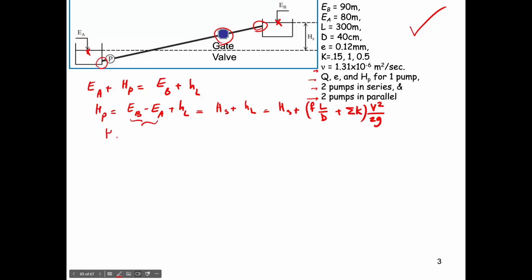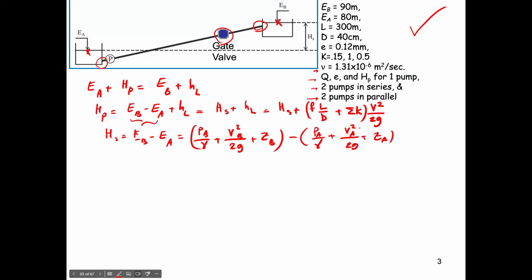So HS is equal to, let's say, EB minus EA. Or I can say PB over gamma plus V square B over 2G plus ZB, minus PA, velocity at point A, ZA.